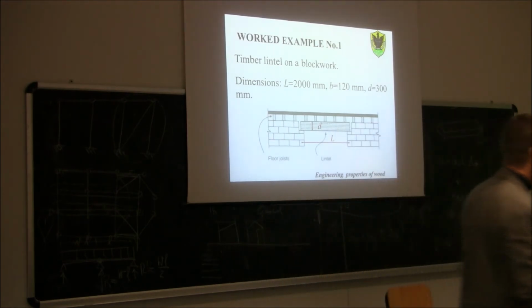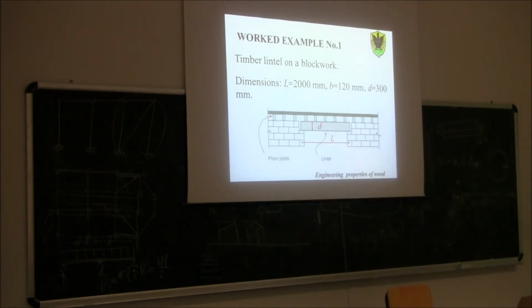Now, suppose that the initial moisture content of this architrave is 50%. We don't know, we just know that it comes green, so it could be 50%. How can we calculate, for example, the variation in length from 50% to 12%?